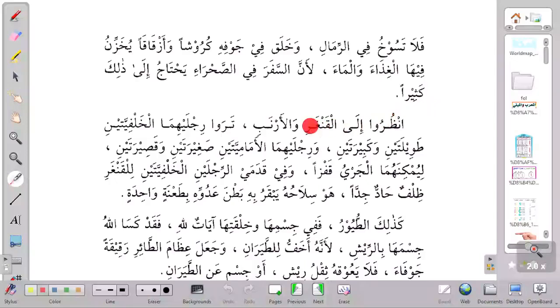انظروا إلى القنغر والأرنب, look at the kangaroo, والأرنب, and then the rabbit.